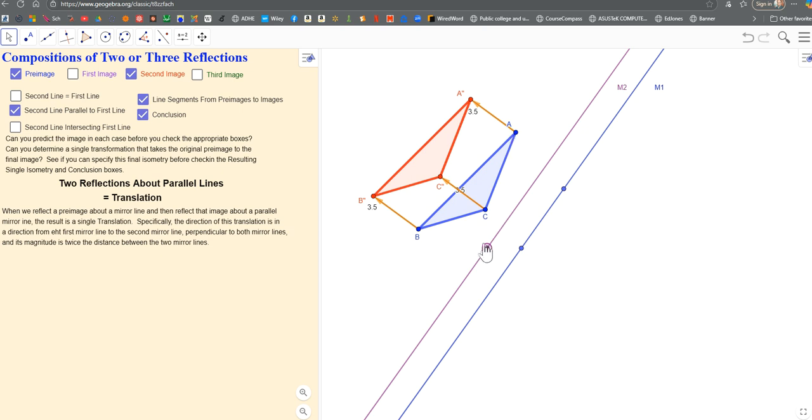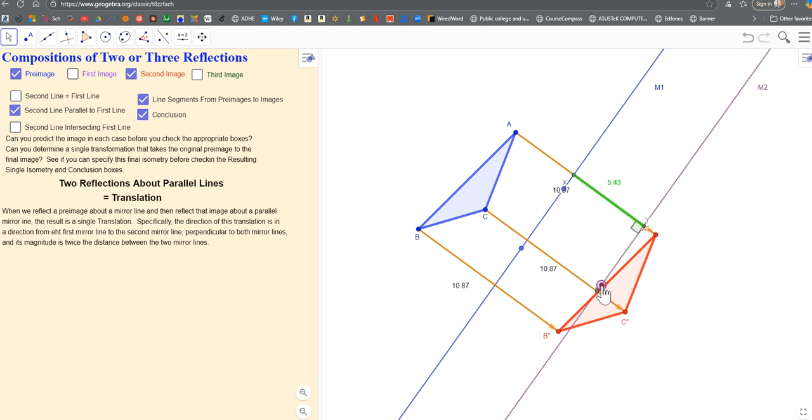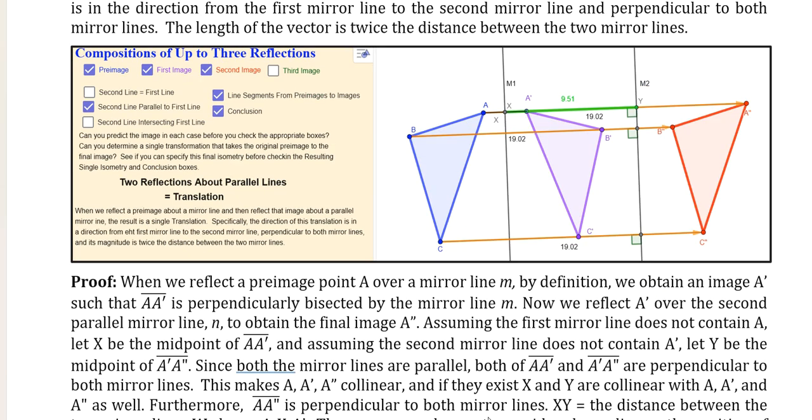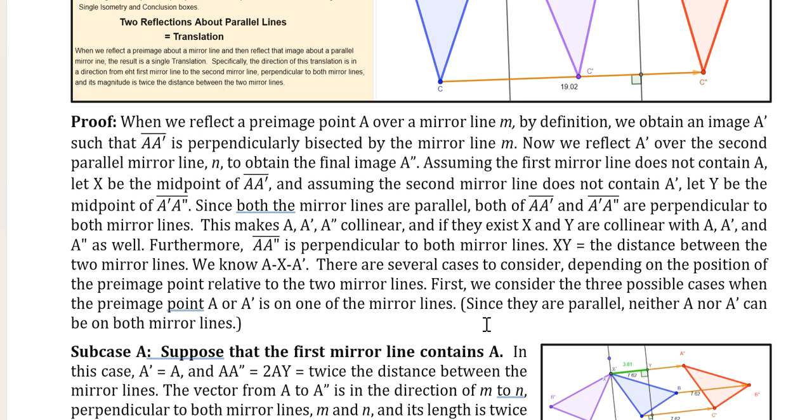The relative position of where these pieces are. But if we chase through all of the different possibilities there, it turns out that this always works out. Okay, so let's see what we've got.